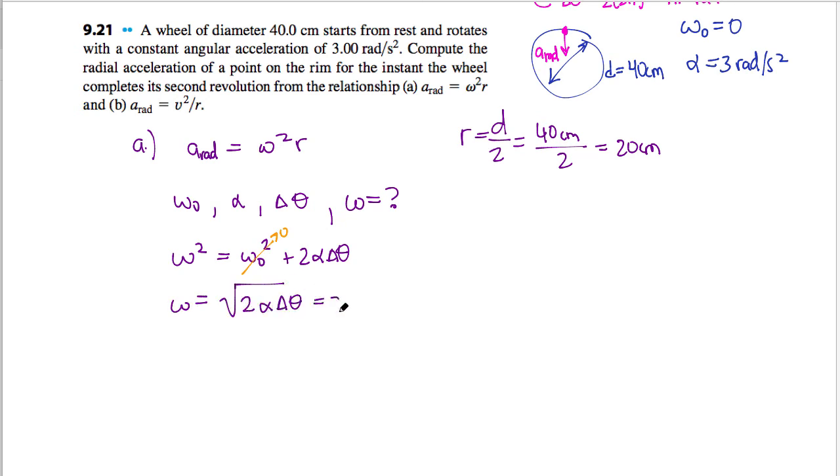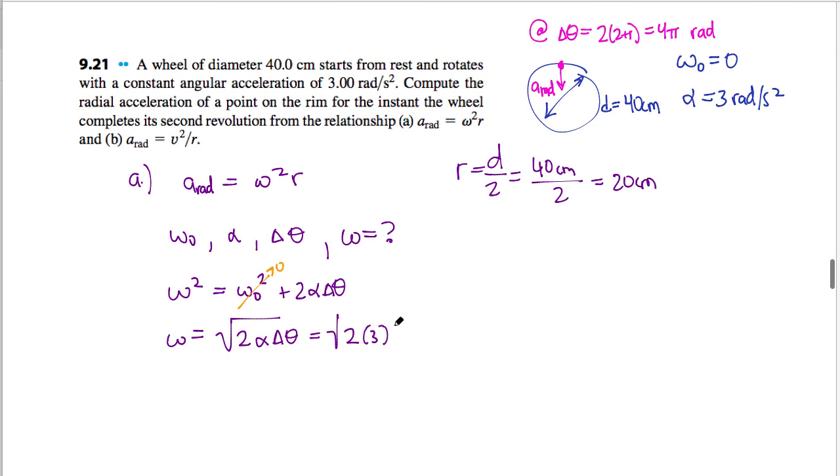So substituting some values here, I have alpha is 3, and I have my delta theta as 4 pi radians. And so my final angular speed will just be about 8.68 radians per second.